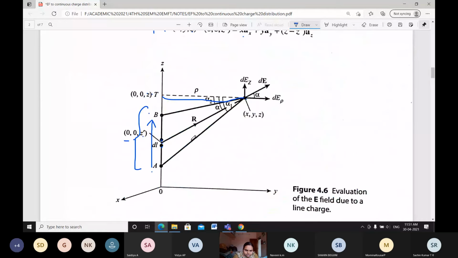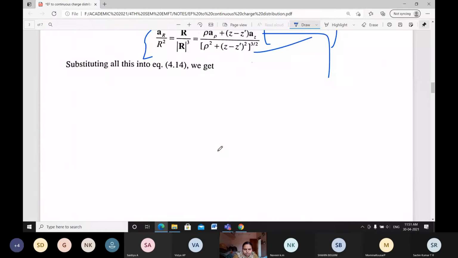At this point we are interested to find this.